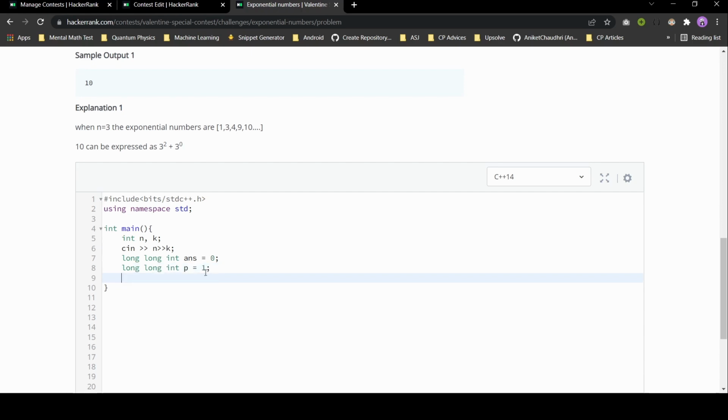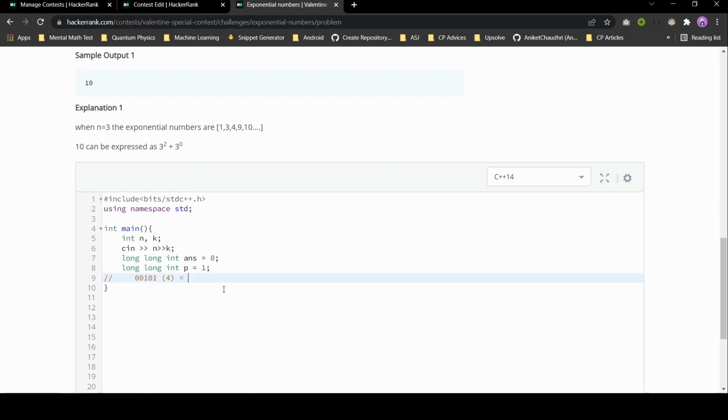Now what this p will do is, when we are converting the number back into the original decimal representation, so if we had 0 0 1 0 1 and this is in base 4 notation, let's assume.